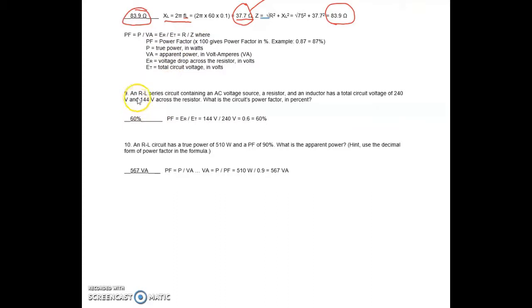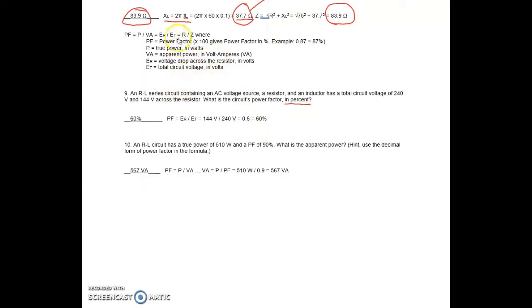So number 9, a resistive inductive series circuit containing an AC voltage source, a resistor, and an inductor has a total circuit voltage of 240 volts and 144 volts across the resistor. What is the circuit's power factor in percent?